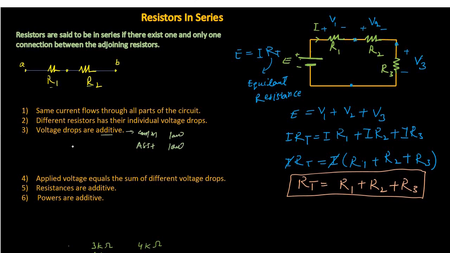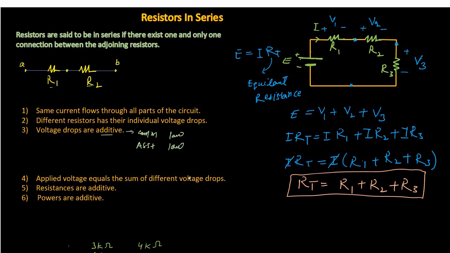Like the voltage drop, the resistances are also additive, satisfying the commutative law, the associative law, and all the other laws of addition. And powers are also additive. We will be discussing the power in the series combination in the upcoming presentation.